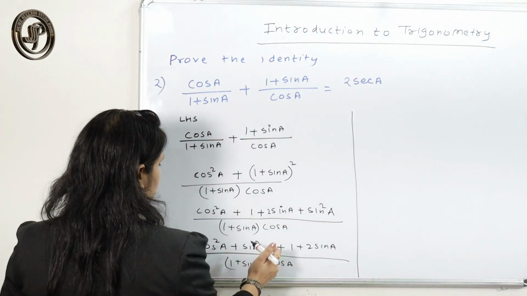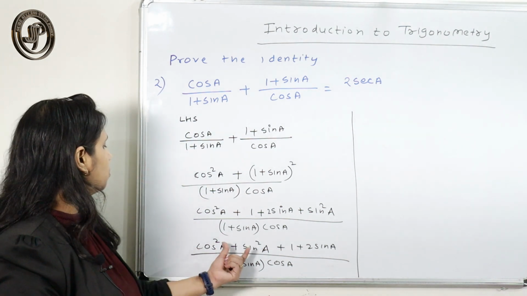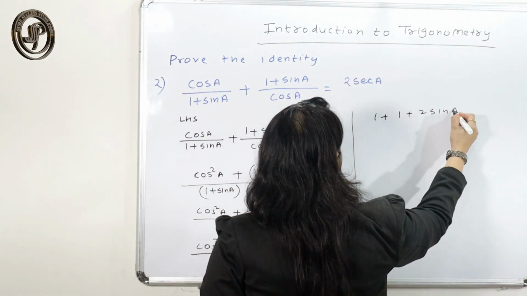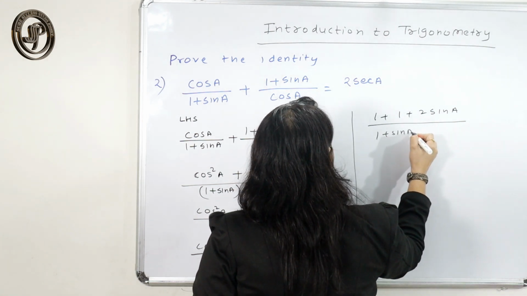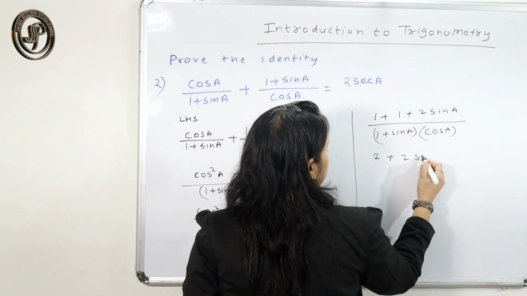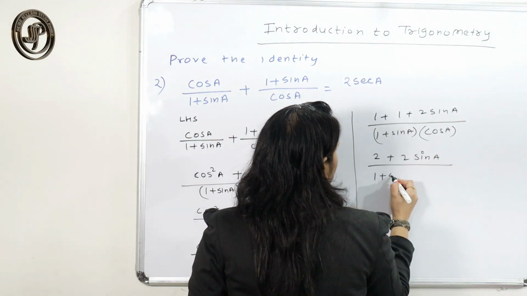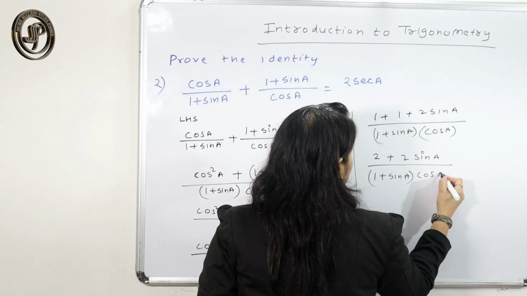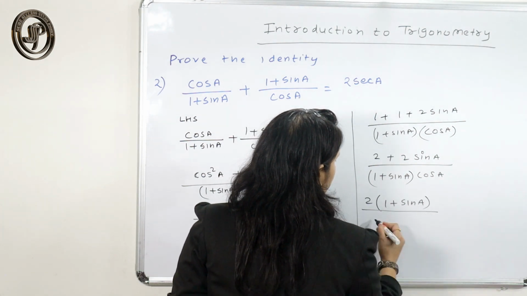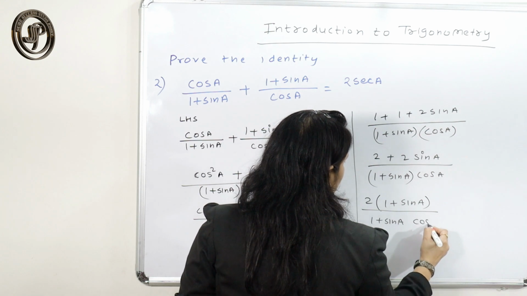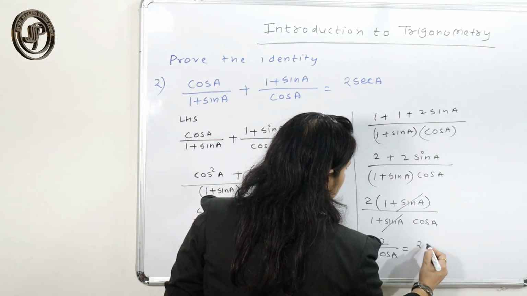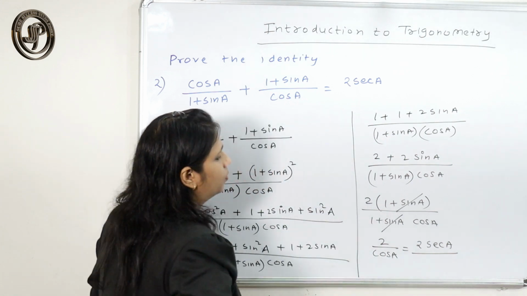Sorry, this should be A. I can write sine square A plus cos square A as 1, plus 1 plus 2 sine A, upon (1 plus sine A) cos A. Now 1 plus 1 is 2, so 2 plus 2 sine A upon (1 plus sine A) cos A. Now I can take 2 common, so 2 times (1 plus sine A) upon (1 plus sine A) cos A. This and this will cancel out, leaving 2 upon cos A, which equals 2 sec A, that I need to prove.